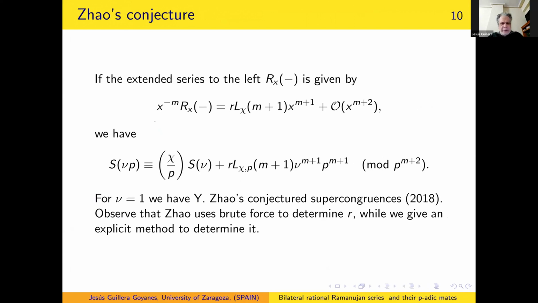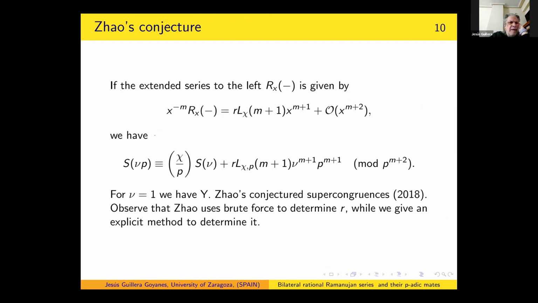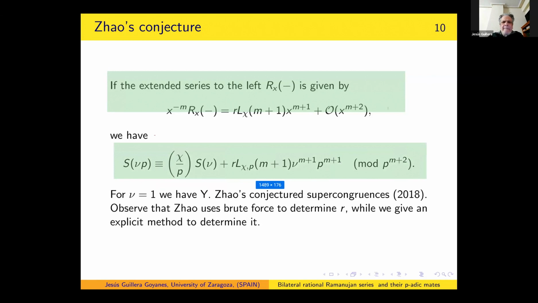And Thou's conjecture is the extended series to the left is given in this way, then we have this p-adic identity, this p-adic supercongruences.